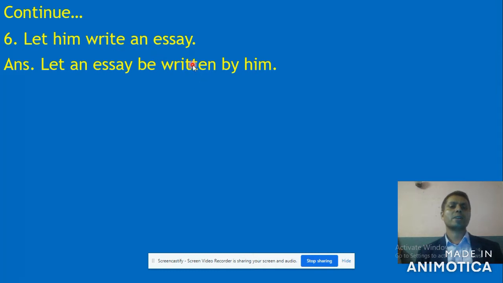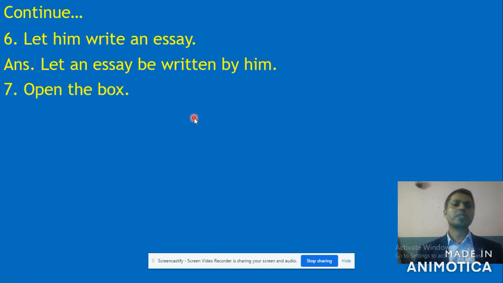Write becomes written, the past participle form of the verb, written by him. So don't be confused: let plus second object plus be verb plus past participle form of the verb, and by him. I already taught you this while teaching its rules. Got it?